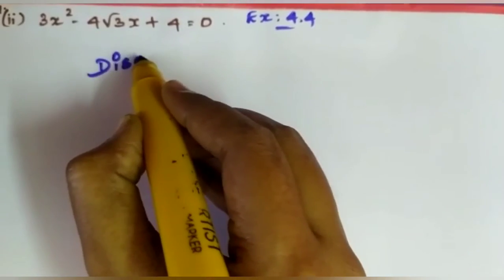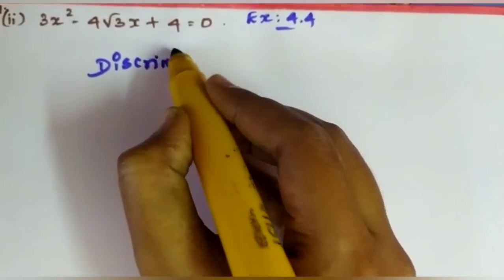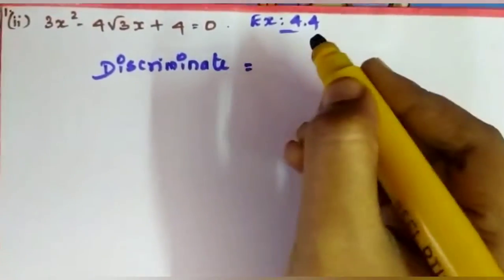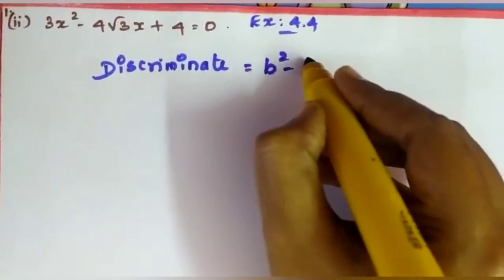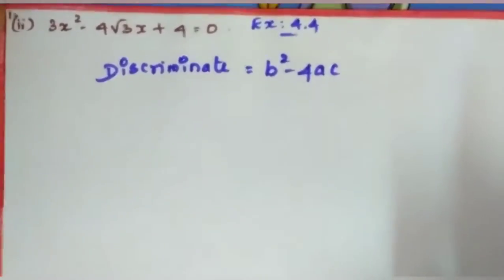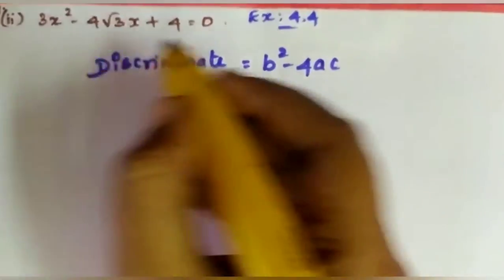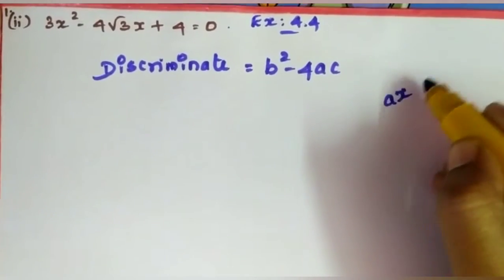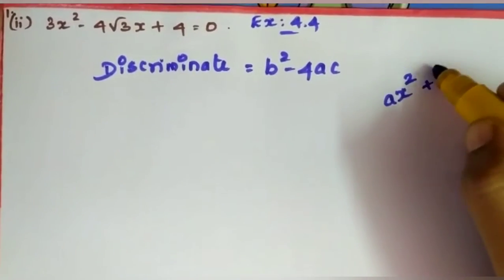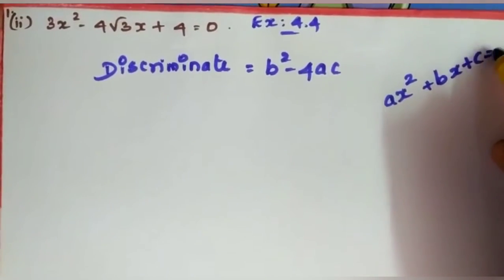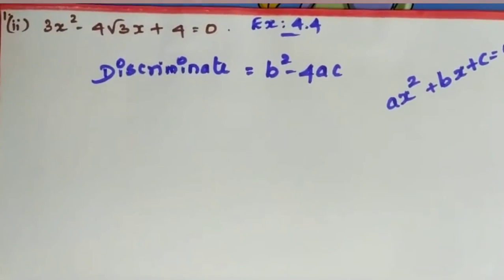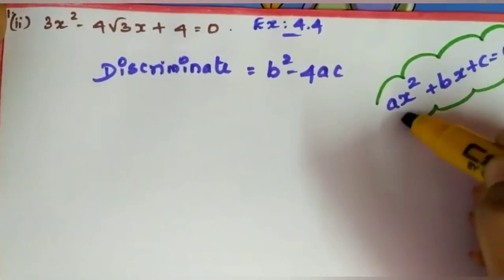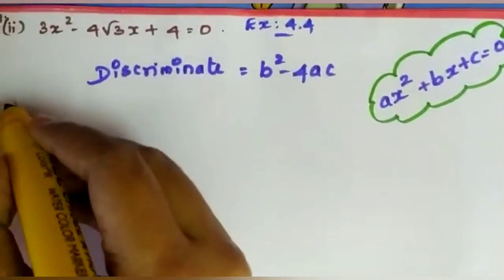First write the formula: discriminant is equal to b square minus 4ac. Compare the given question with the quadratic equation general form.